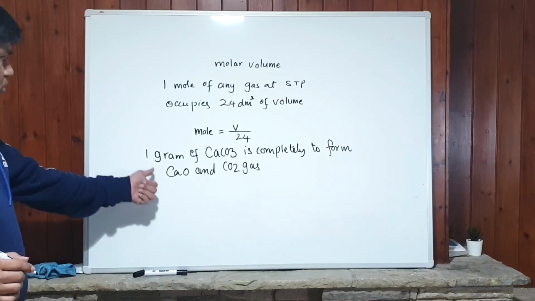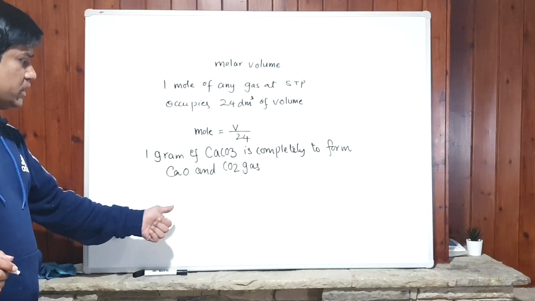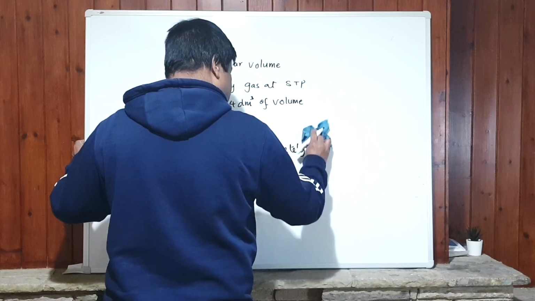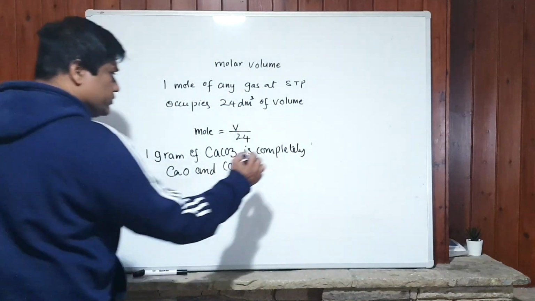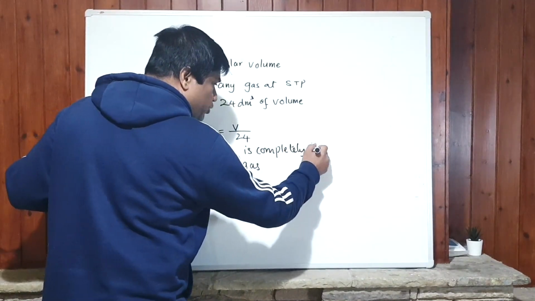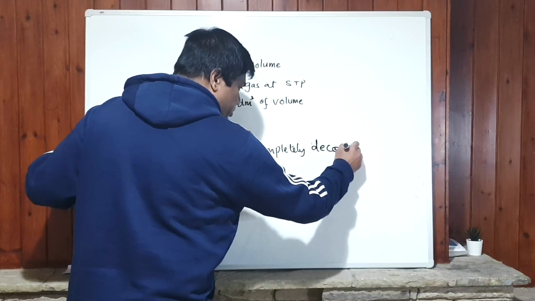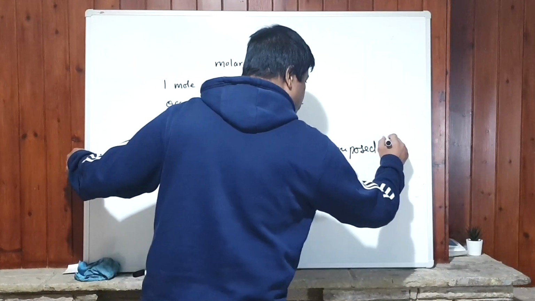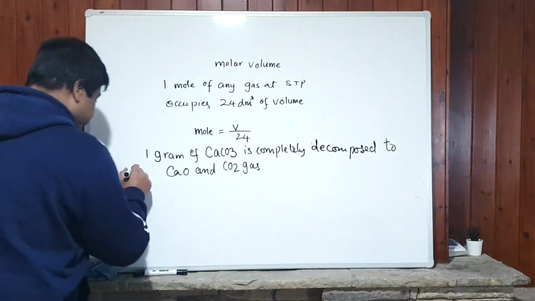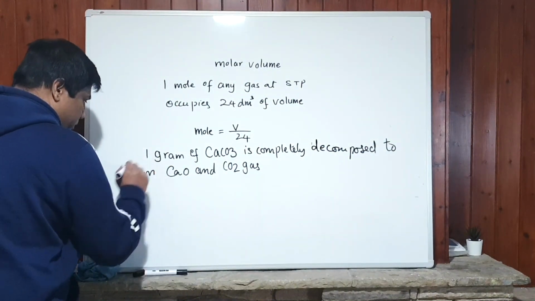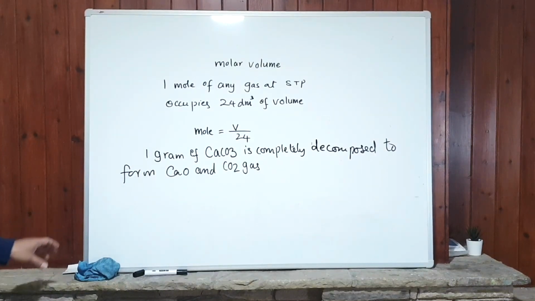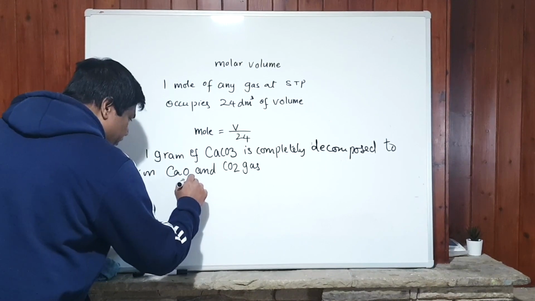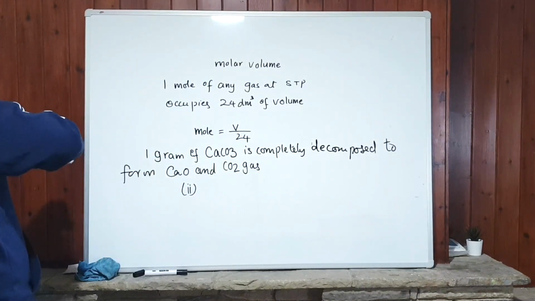So 1 gram of calcium carbonate is completely decomposed. When you heat it, it gets decomposed to form calcium oxide and carbon dioxide gas. We have done question 1 in my previous video.